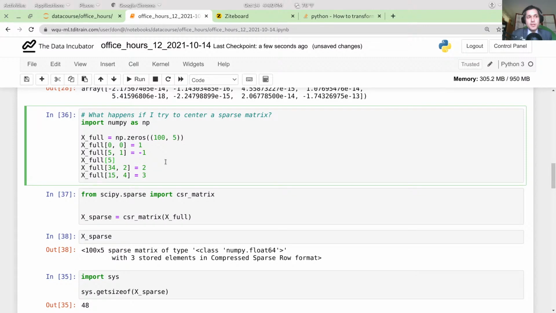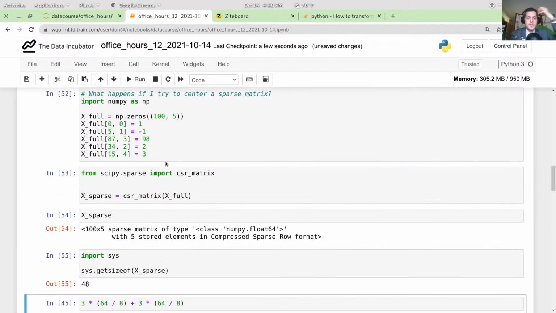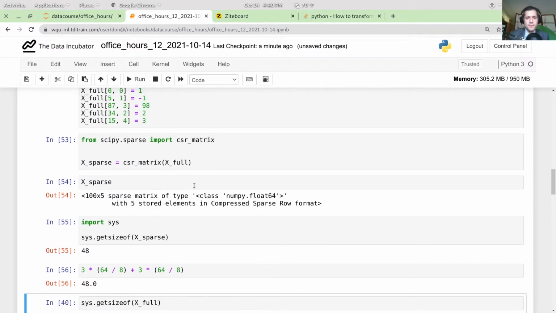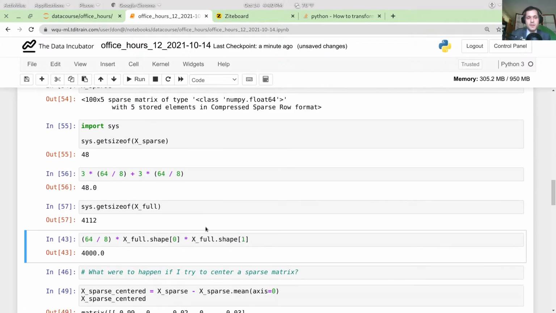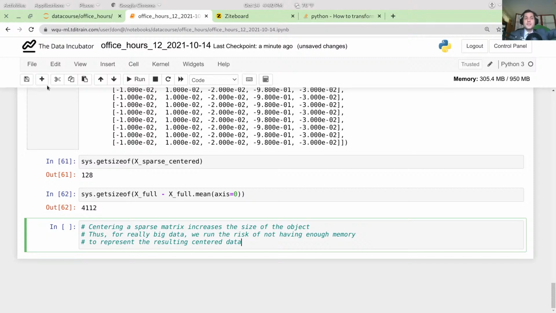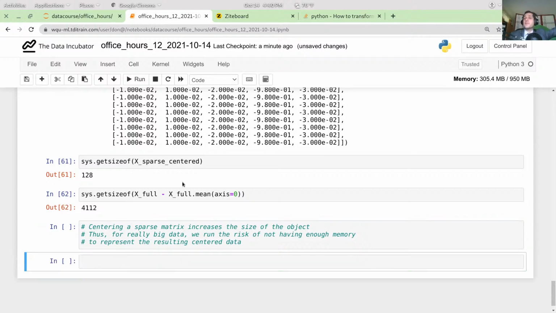And let's change 3 to be 48. Let's see this effect as well. Still the same. But nonetheless, you can imagine how much more of an increase it would get if we had a bigger array.